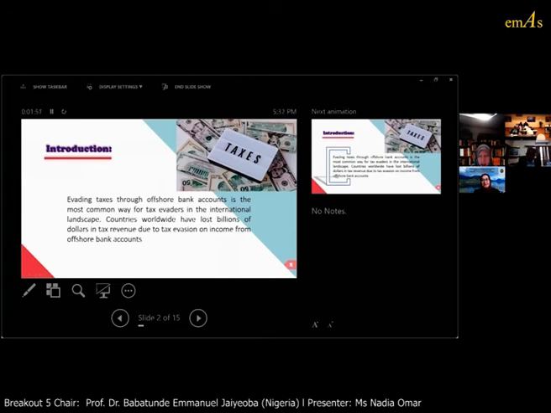In this study, we focus on a big issue of tax evasion, which is offshore tax evasion. Countries worldwide have lost billions of dollars in tax revenue due to tax evasion on income from offshore bank accounts.